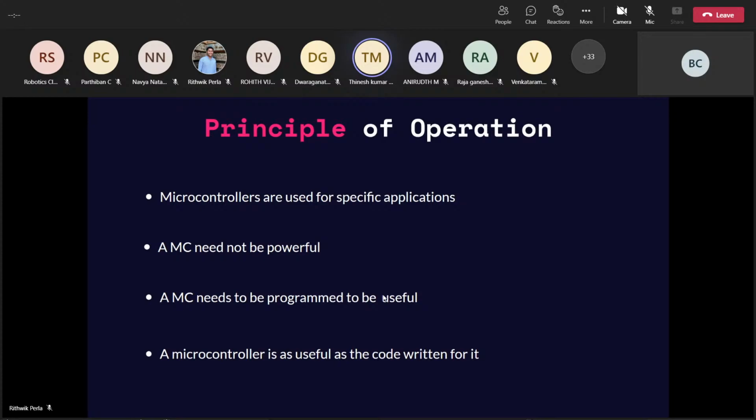It's a simple operation: I press a button, the microcontroller receives the input, and it turns on the LED. It requires a simple code. But what if there is a complex operation? The program you use decides the usefulness of the microcontroller. That explains the fourth point also.